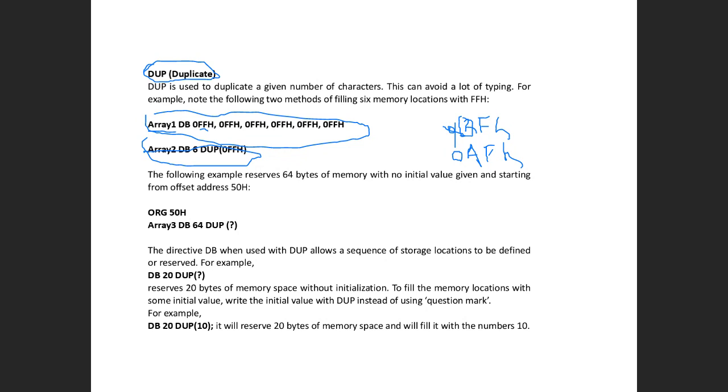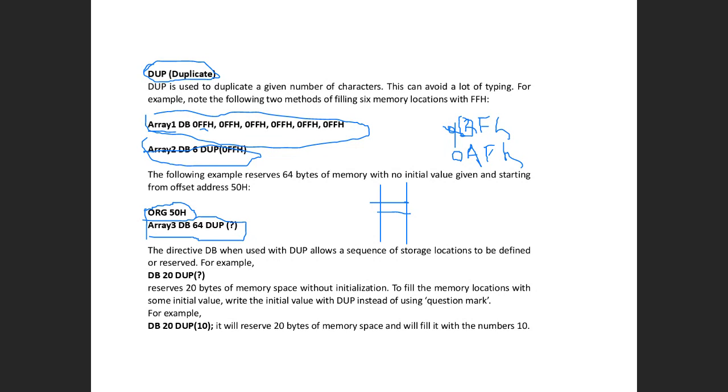Okay, all right. Then we can also write, for example, ORG 50, and then we have array3 DB 64 DUP question mark. So what does it mean? I mentioned a few seconds back what ORG means.